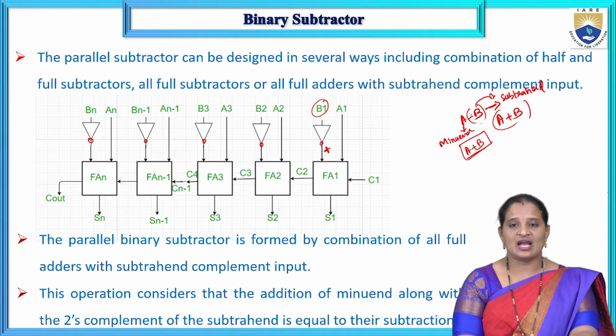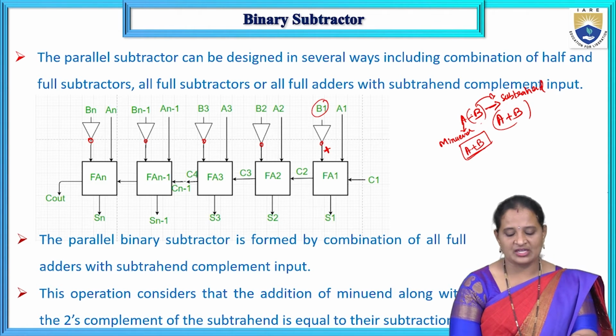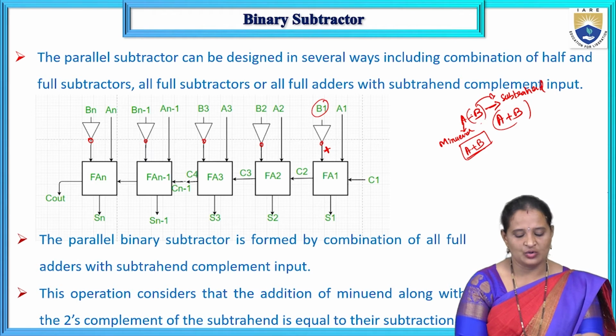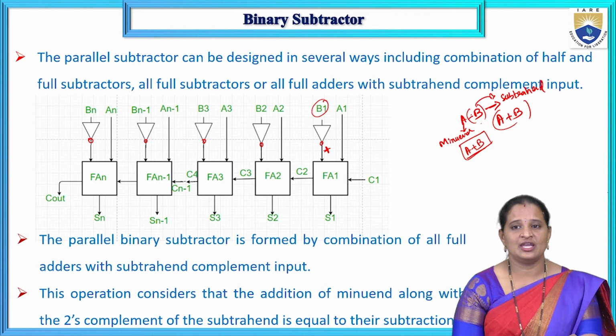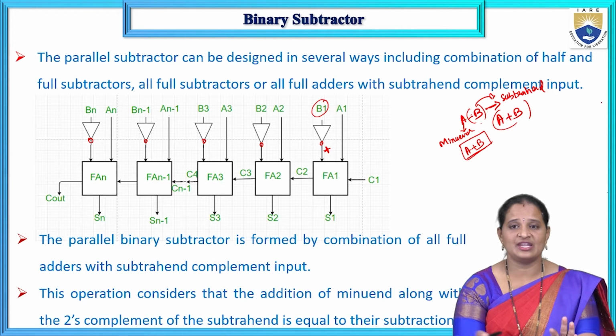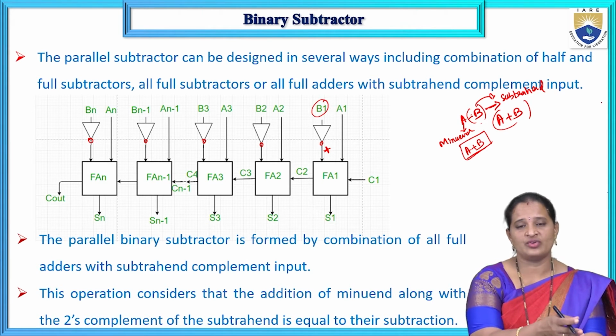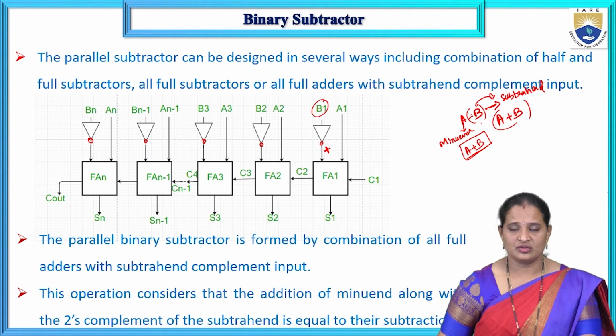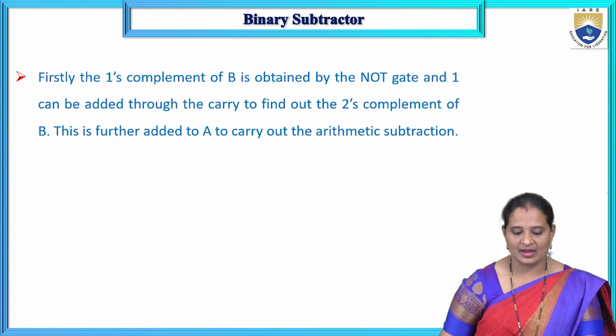So the operation considers that the addition of minuend along with the 2's complement of subtrahend is equal to their subtraction. So that is the parallel subtractor.